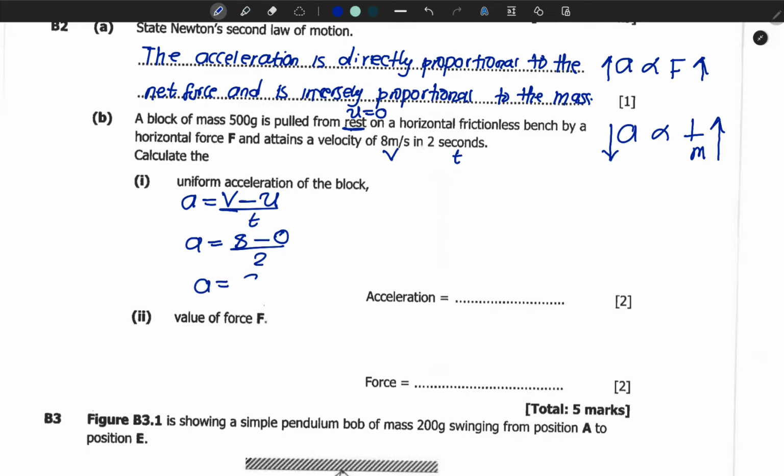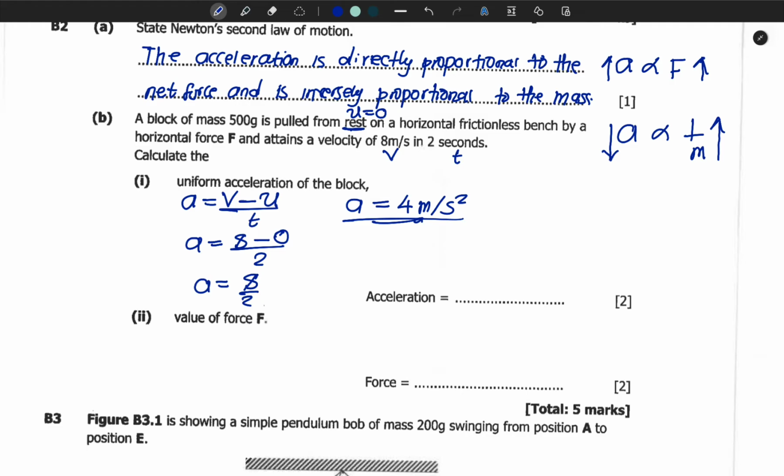So 8 minus 0 is 8 over 2. Here we are going to have acceleration is equal to 4. The units are meters per second squared. So acceleration tells us how fast or slow the velocity is changing.